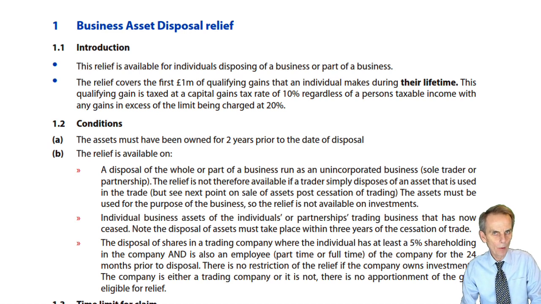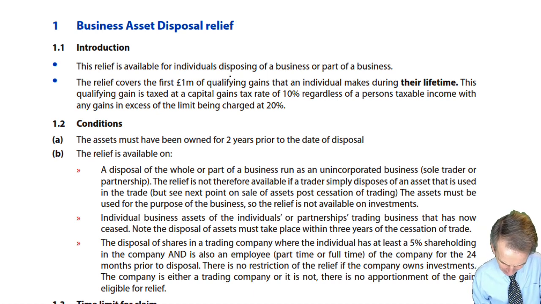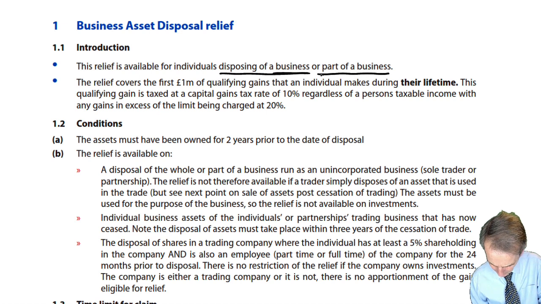Okay, so building on what we've already said in our introduction about these reliefs, but now specifically on business asset disposal relief. The disposal that we'll be dealing with is either the individual disposing of their unincorporated trade, or in the case of a partner in a partnership, their share of that trade. But it must be individuals disposing of a business or part of a business.